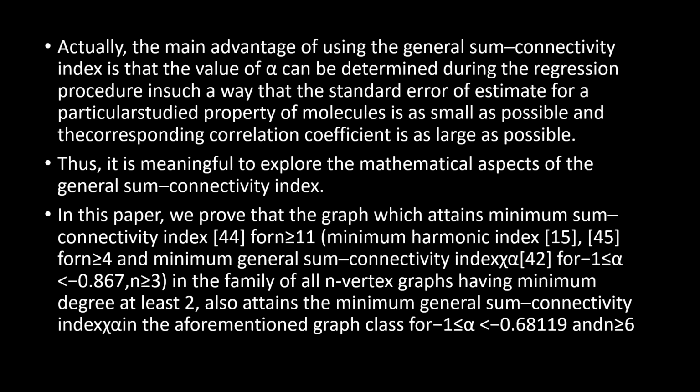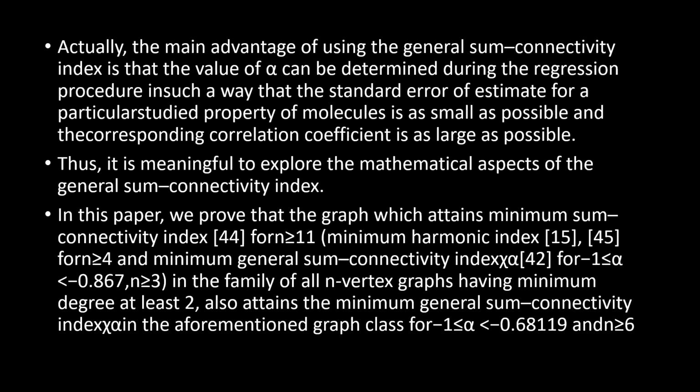Thus, it is meaningful to explore the mathematical aspects of the general sum connectivity index. In this paper, we prove which graph attains the minimum sum connectivity index for n greater than or equal to 11, the minimum harmonic index for n greater than or equal to 4, and the minimum general sum connectivity index χ_α for −1 ≤ α < −0.867 and n greater than or equal to 3.